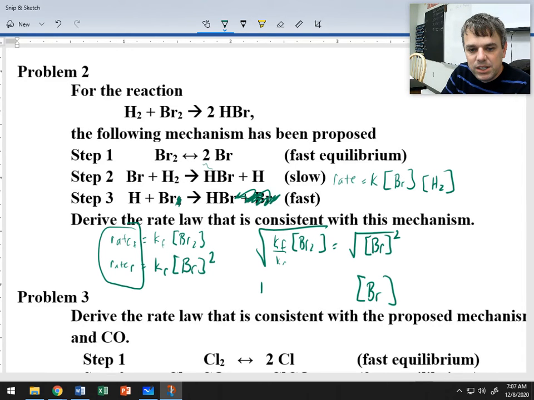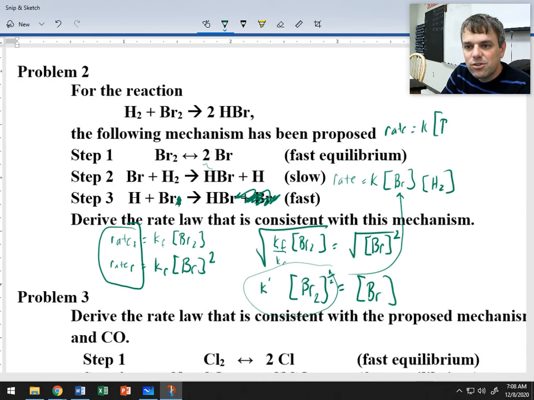We'll just call that k prime. And then it's also going to give us the concentration of Br2 to the 1/2 power. So we'll plug all of that in for Br up here.